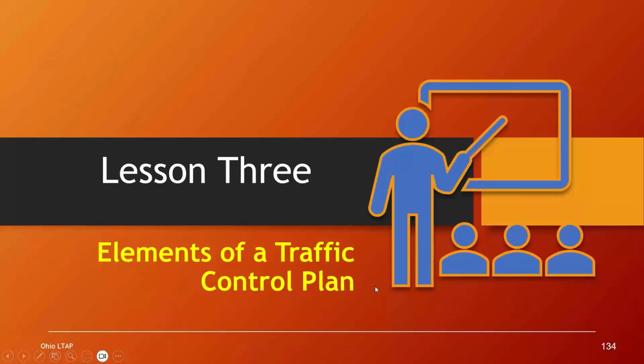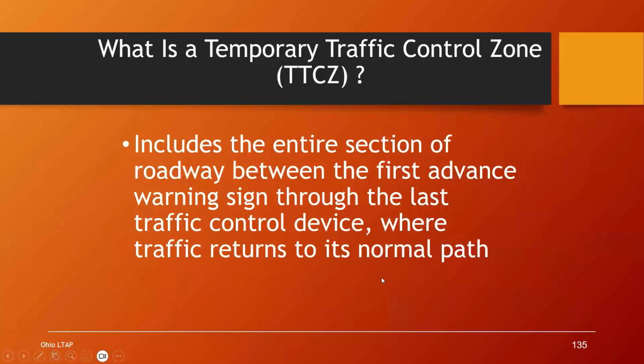Let's look at some different traffic control plans and how these plans are made up of different elements or parts, and how each of these parts are tied together to form a system to move traffic around us safely and efficiently.